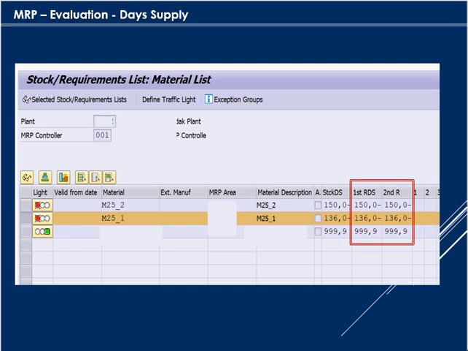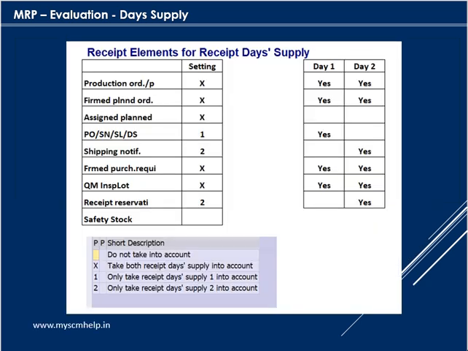Another simple way to show it is that you make a setting like this. So what does it mean? Production order and planned order are available for both, for receipt day supply 1 and also for receipt day supply 2. Wherever there is an X, that is considered for both. Let's say the purchase order and shipping notification are only considered in day 1, so when you see something in day 2, you will not see that.